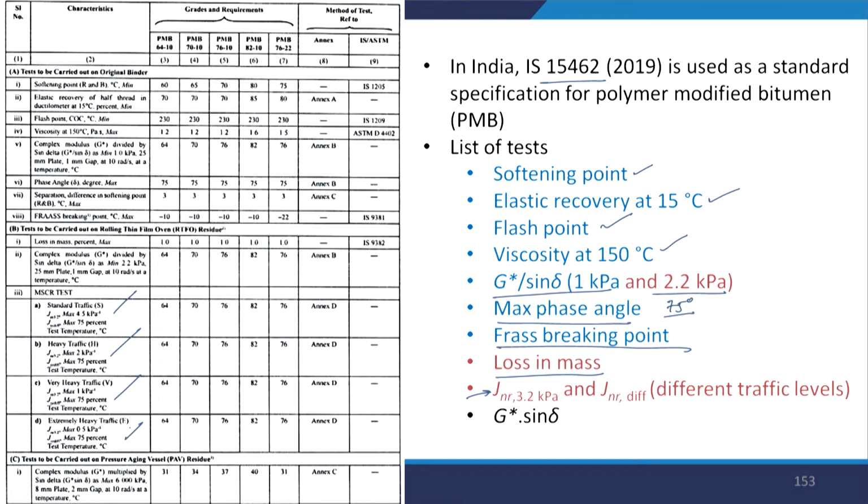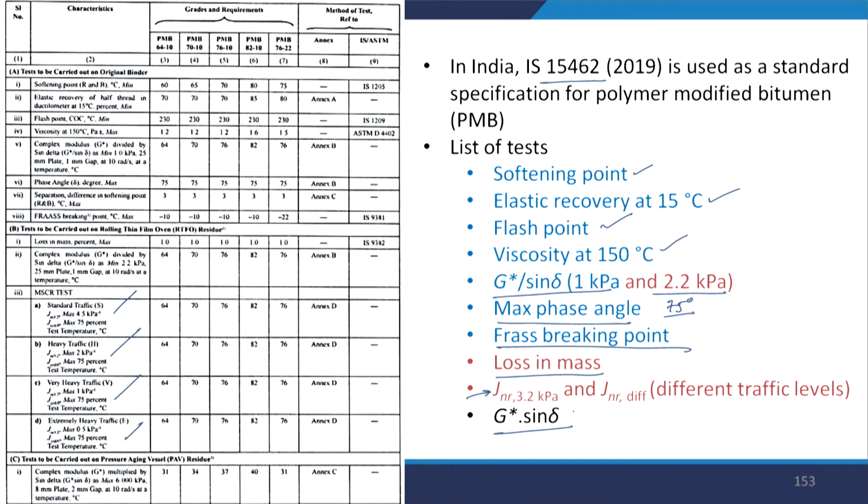So, here also we have standard traffic, heavy traffic, very heavy traffic and extremely heavy traffic, and here too the JNR difference, which tells us about the stress susceptibility, should not be more than 75%, alright. And after PAV aging, the value of G star dot sine delta should not be more than 6000 kPa, alright. So, almost similar specification about which we have discussed in our previous presentations.